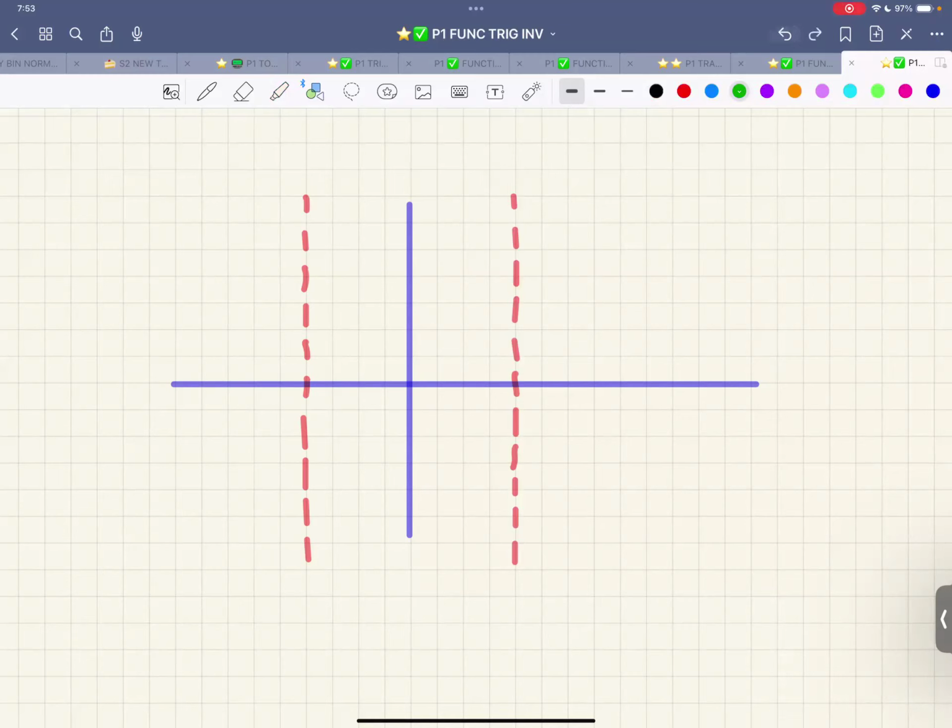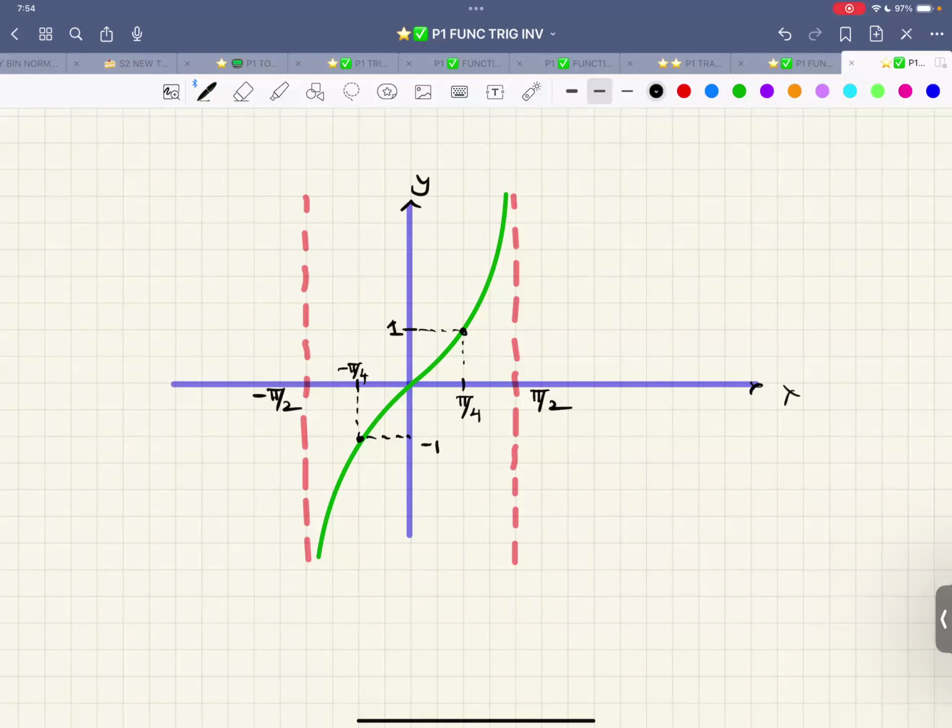So the tangent one goes like this. Now let me label it properly. This is -π/2. This is π/2. This is the y-axis. This is the x-axis. At 45 degrees, that means π/4 radians, we have a value which is giving me 1. And at -π/4, I have this value, which is -1. So these two important pointers are there.